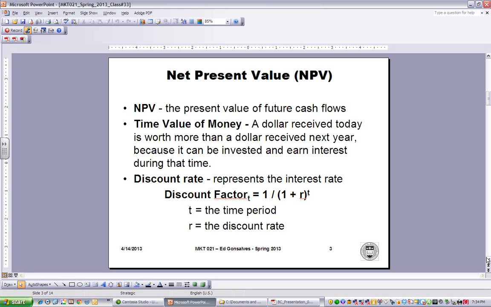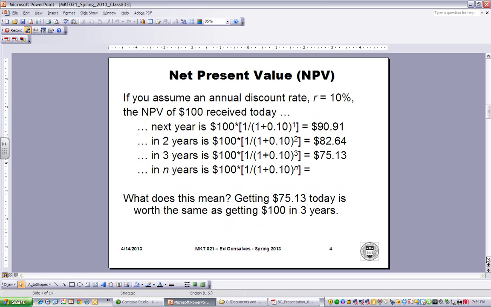So there's something called the discount rate that represents what the interest rate is at the moment. Interest rates are low, so the discount factor is a bit smaller than it has been even in the recent past. So what you have to do is figure out what that rate is.